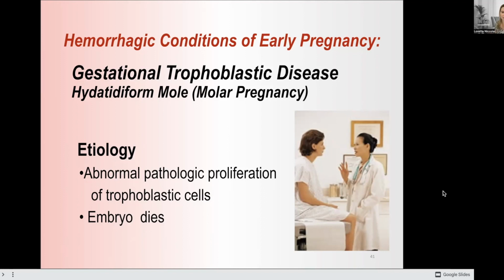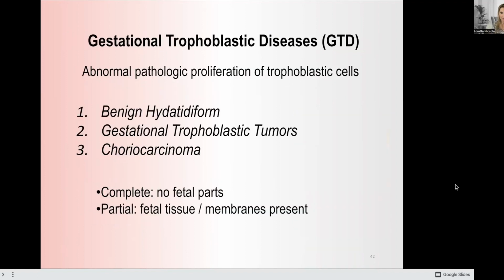The embryo ends up dying because these cells take up the uterus. So it's an abnormal pathologic proliferation. There can be a benign hydatidiform mole, there can be gestational trophoblastic tumors, or it can go into a choriocarcinoma, it can actually go into a cancer.